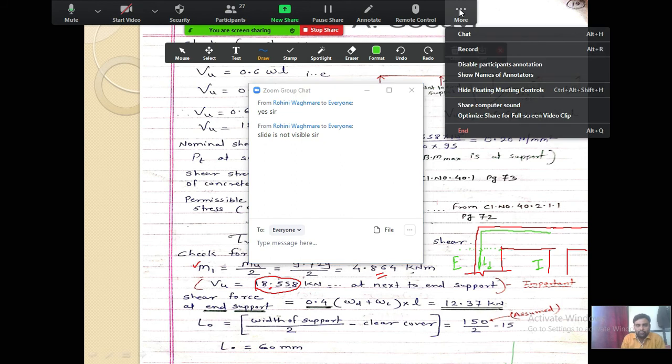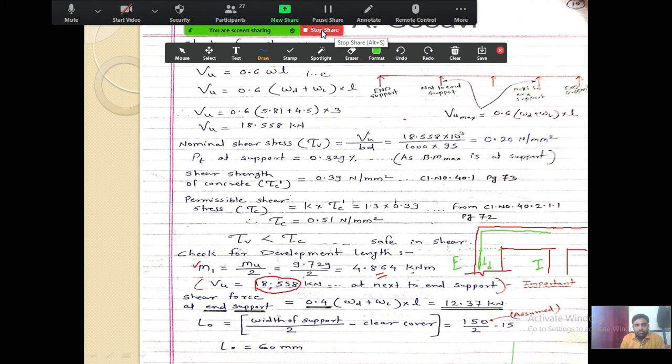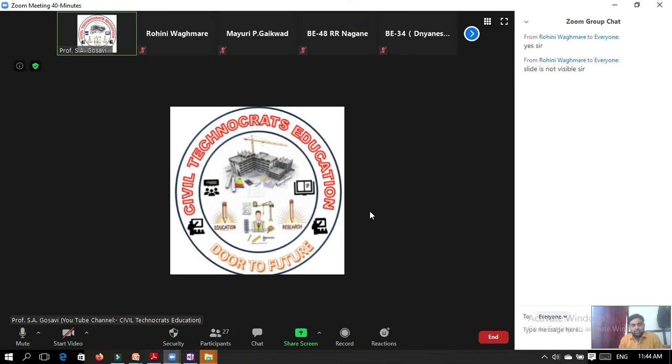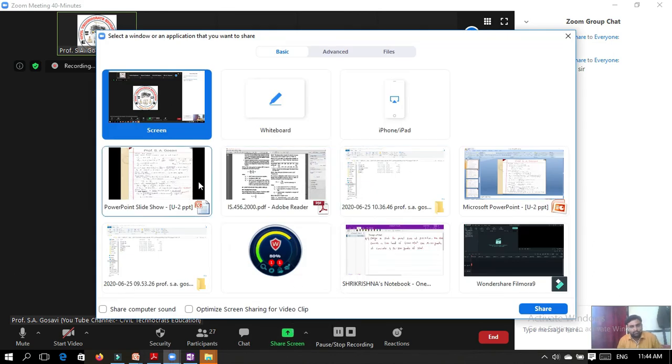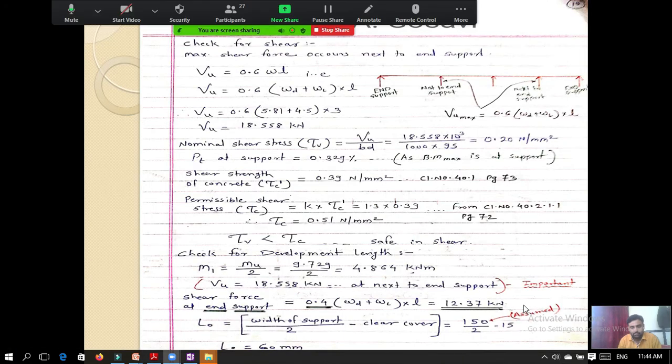Slide is not visible. Okay, I will stop share and once again start share. Now is it visible? Slide is visible now. Let me know.